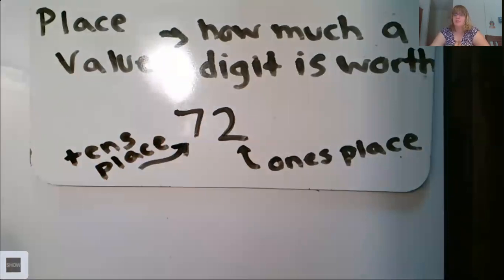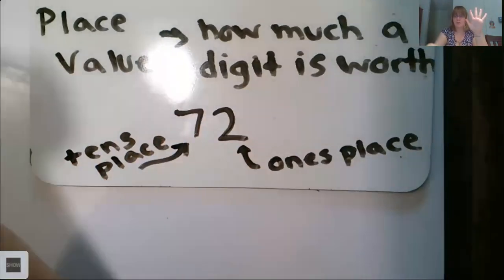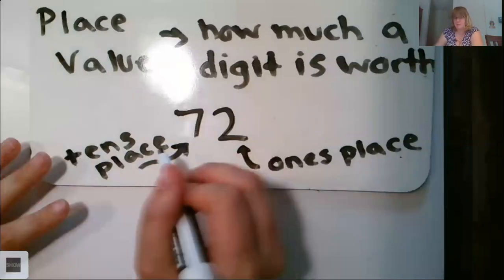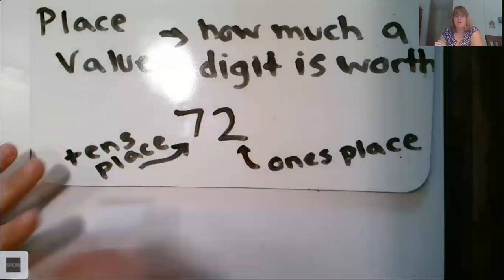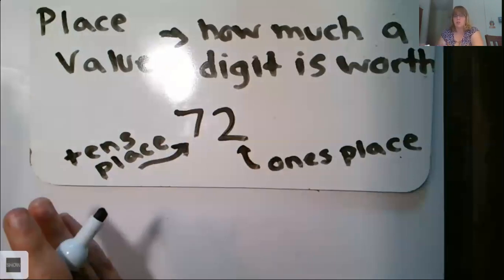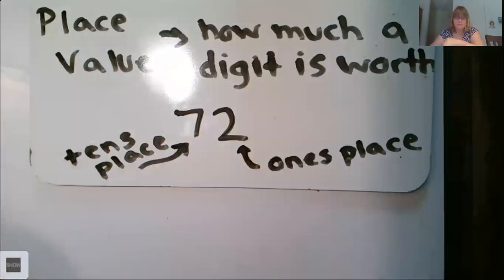So we have to count by tens to figure out the total for that number. So we have 10, 20, 30, 40, 50, 60, 70. So this 7 is 70. So all together we have 72. 70 plus 2 to make that number.